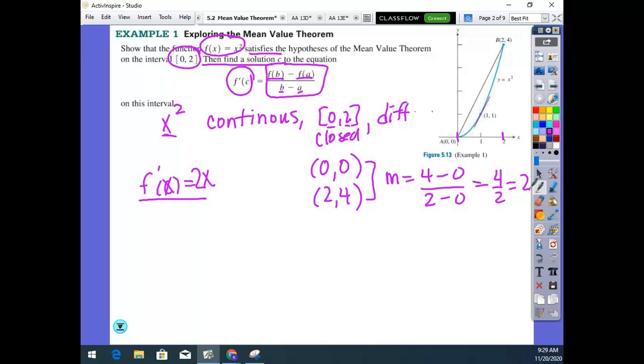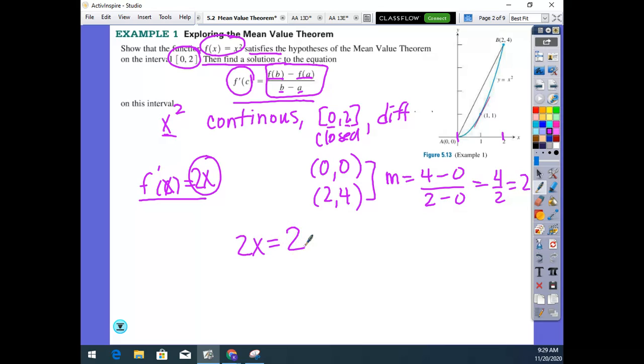So the question is, where are these two equal? Where does the derivative equal the slope of the endpoints? This occurs when x equals 1. So the solution C, when C is 1, this derivative will match the slope of the endpoints.